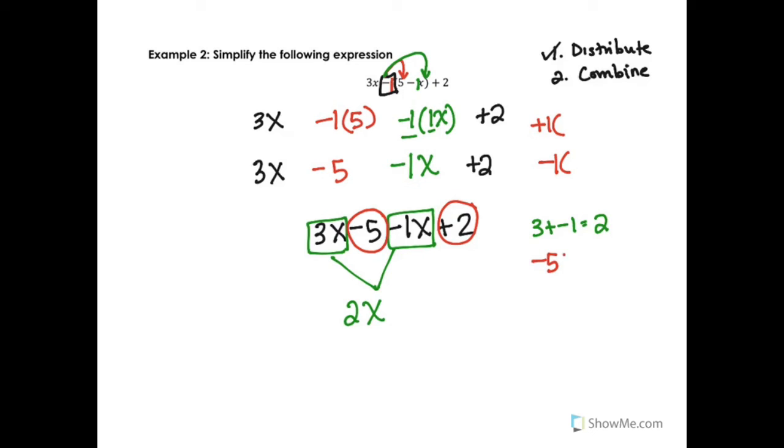So I have negative 5 plus 2, which is going to give me a value of negative 3. So these two things, when combined, give me a value of negative 3. And now I have combined like terms. I have two things that come from two separate families, which means that I am done simplifying this expression. My answer is simply 2x minus 3.